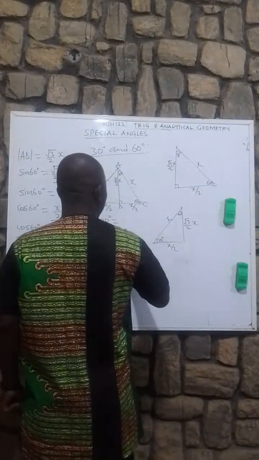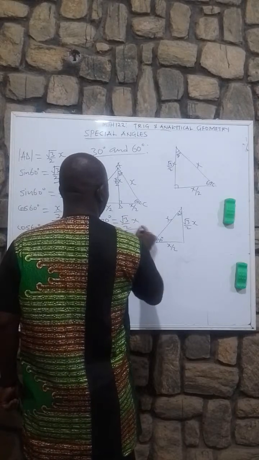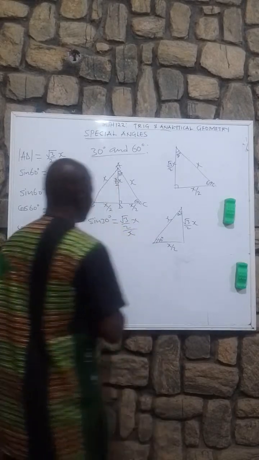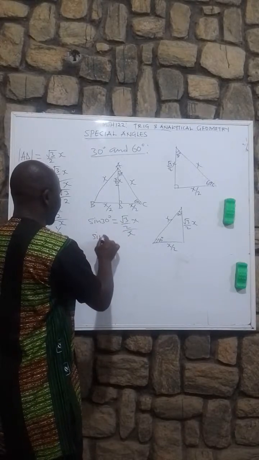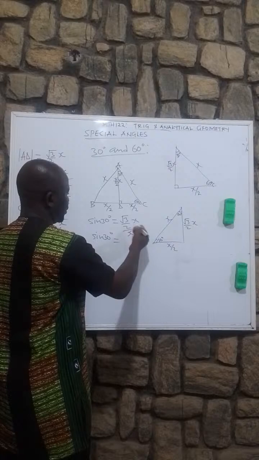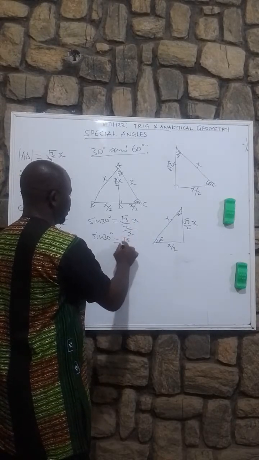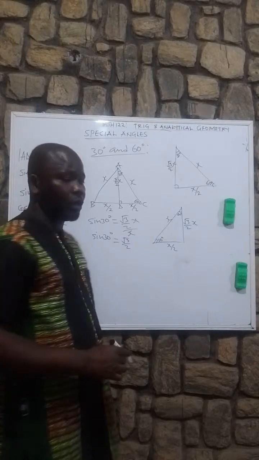So here will now be root 3 all over 2x all over x. Then our sin 30 degree is equals to this, and this and this will cancel. True or false? That will give us root 3 all over 2.